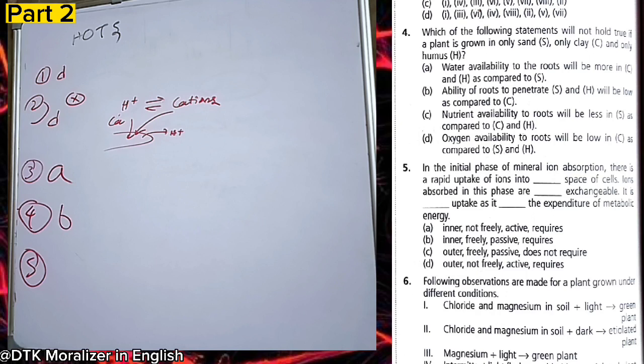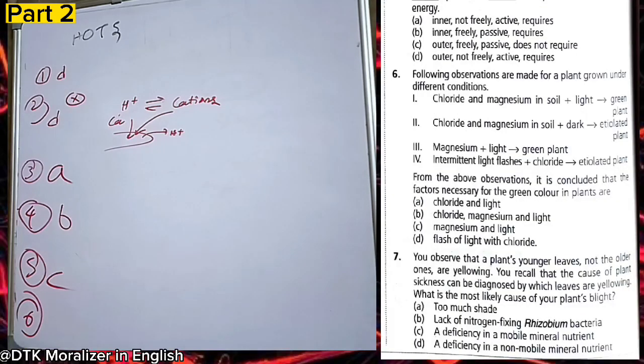So here it is mentioned that there is rapid uptake of ions into a space of cells, so it is the apoplast. Ions absorbed in this phase are freely exchangeable, and it is passive and does not require energy. So option C would be right.